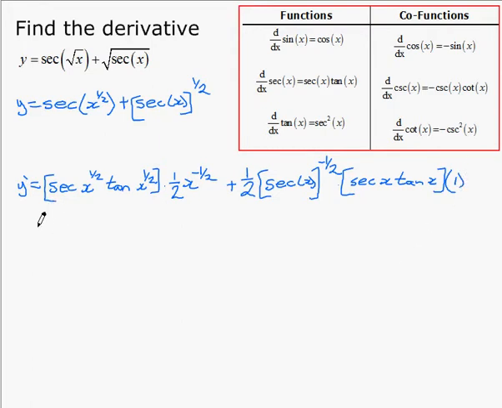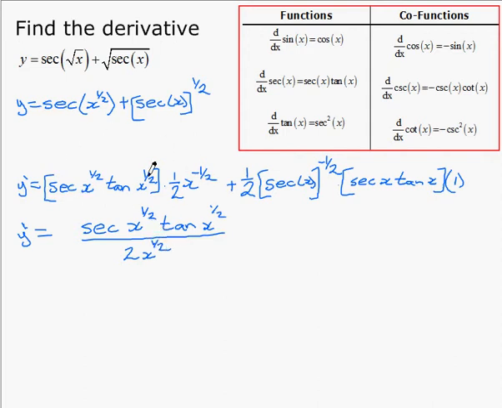So not a lot of simplifying to do, but sometimes it looks nicer to get rid of the negative exponents. So we can write secant x to the half, or secant root x at this point, whichever you feel more comfortable with, over 2x to the half.